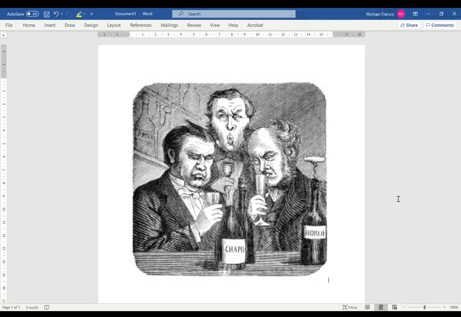So what actually happens when wine turns to vinegar is that the ethanol in the wine is oxidized to form ethanoic acid, which is why the wine starts to taste sour and unpleasant, because some ethanoic acid has been produced and that is not pleasant to drink.